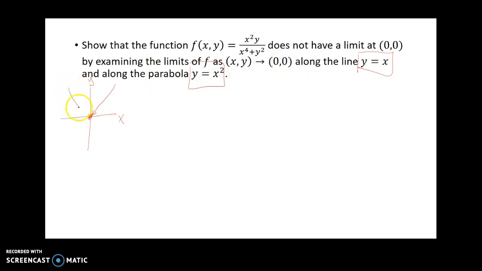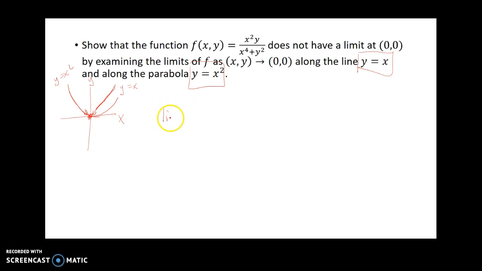This is just part of the parabola y equals x squared. And it doesn't matter which side I approach it from. The point is, if I approach it along one function and along another, and I get a different value of z, then I know the limit doesn't exist.